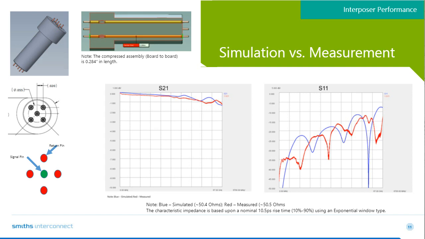And then for return loss, in the measurement data, it's about 25 to 30 gigahertz that it passes the minus 20 dB point. And it's better than 10 dB through the full bandwidth of the measurement. It's also important to note here that the length of this interconnect is a little over 1/4 of an inch in length. So the differences between the simulated and the measured results really have to do with real world effects of measurement and how we launch signals into the interconnects.